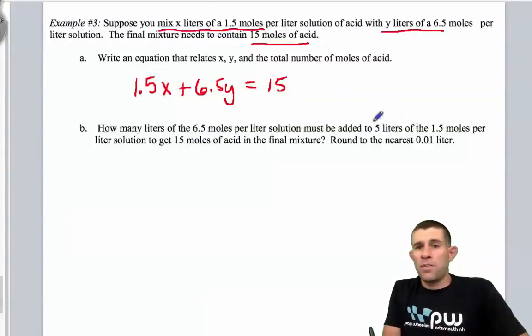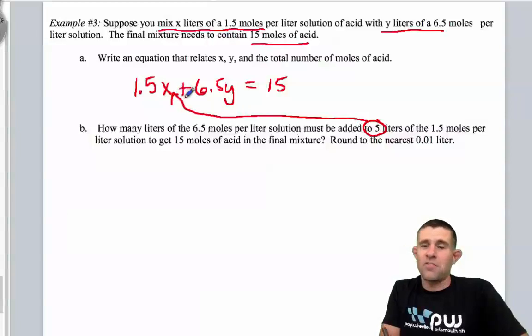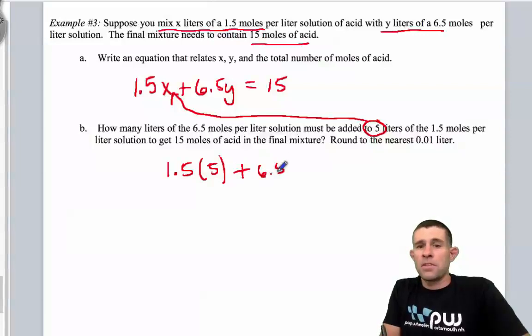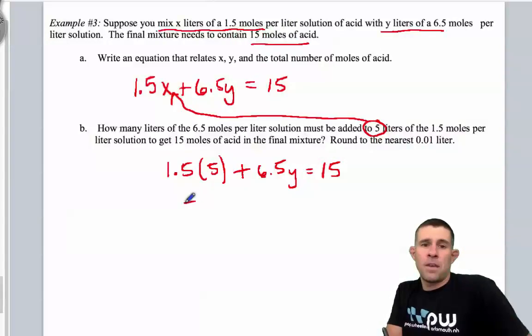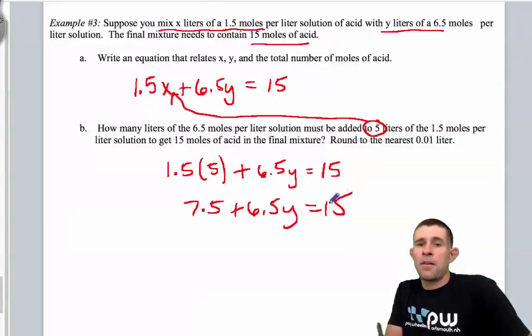Let's go ahead and we're going to substitute in our 5 into our equation here for X. So we'll end up with 1.5 times 5 liters plus 6.5 times our Y, which is what we're solving for, is equal to 15. This gives us 7.5. Now we're going to subtract that 7.5 over to the other side to get rid of it on this side.